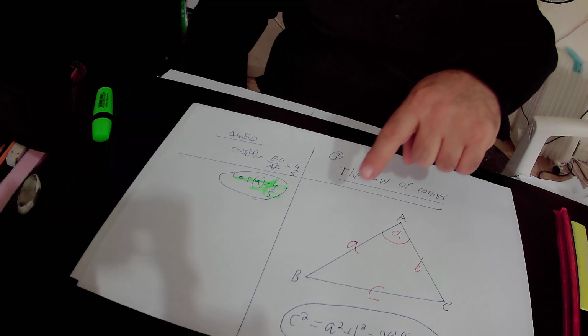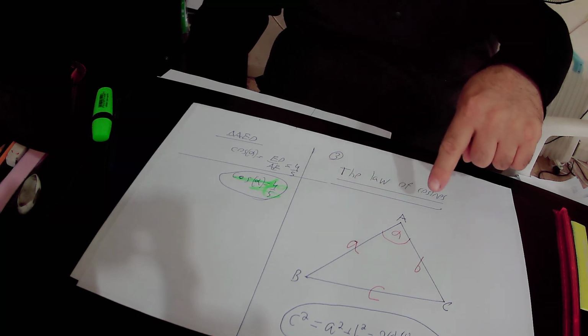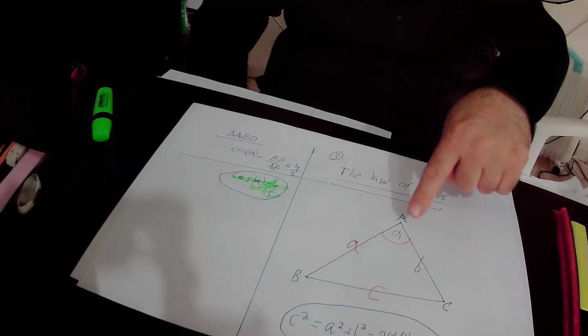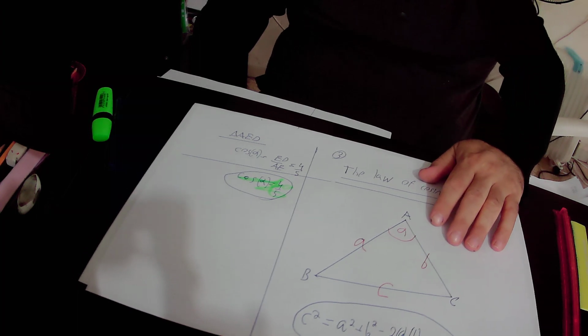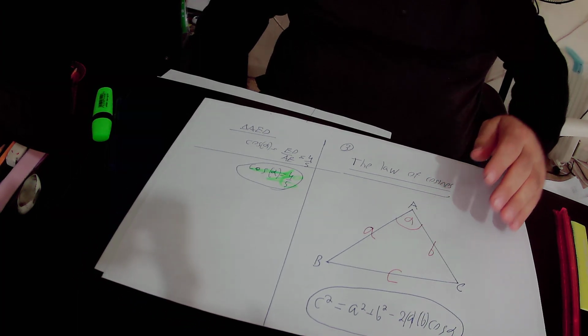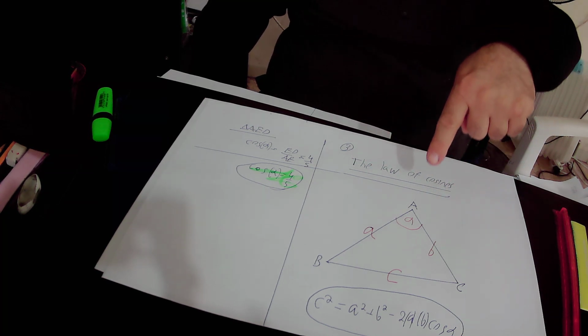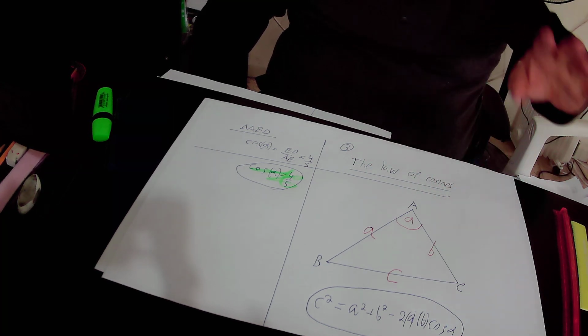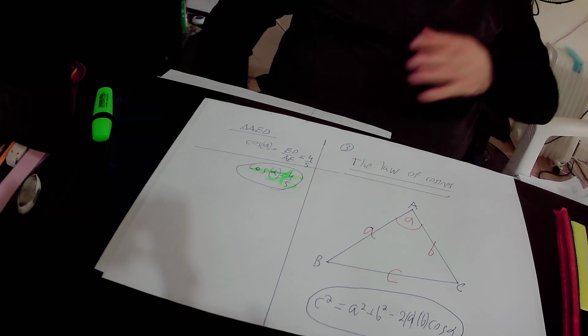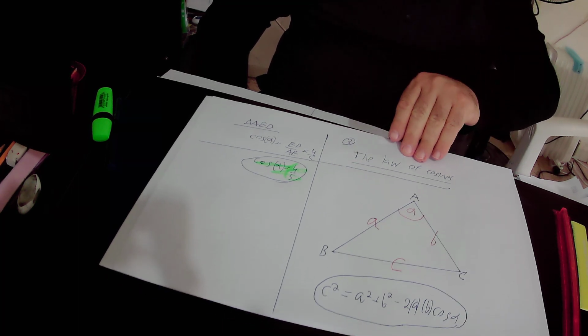And we know that the angle between side BA and side AC is alpha. So here, according to the law of cosines, we get that C squared equals A squared plus B squared minus 2 times A times B times cosine alpha. This equation is true in any triangle.